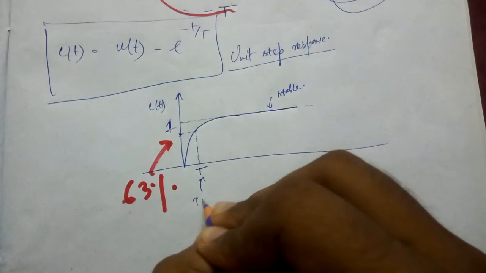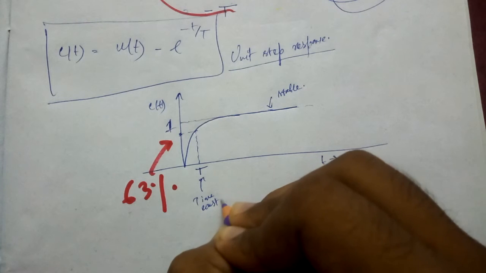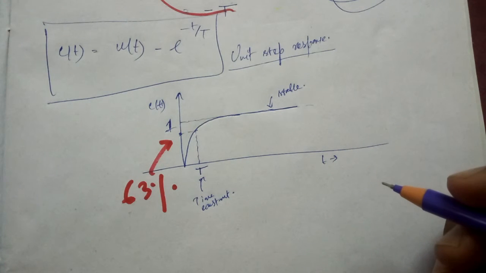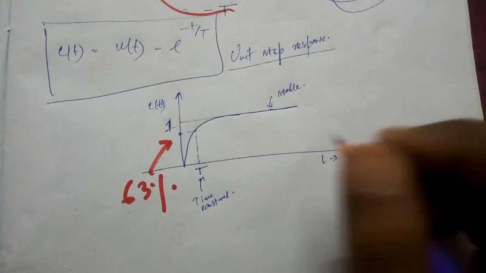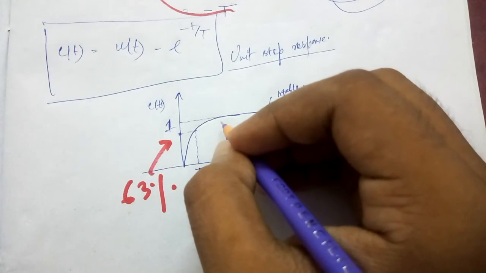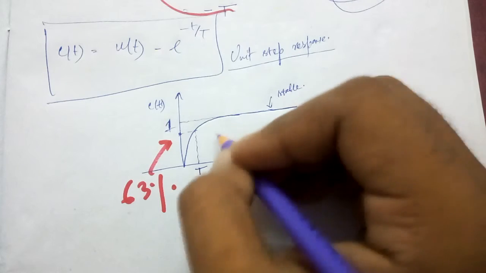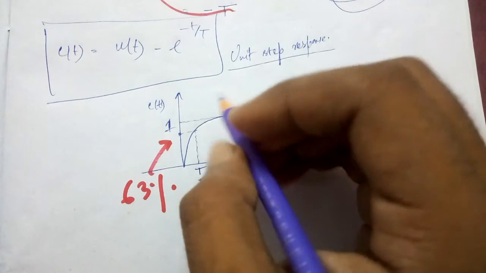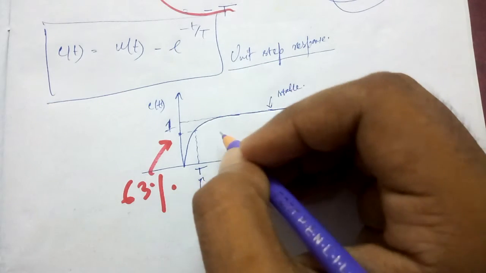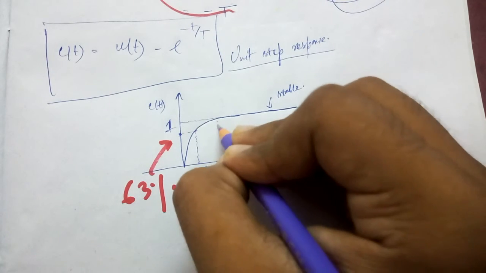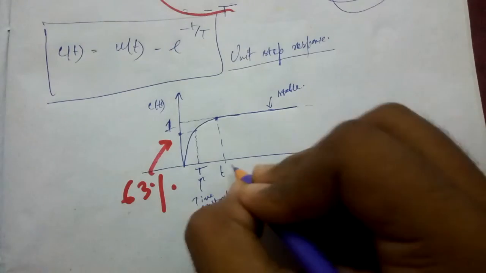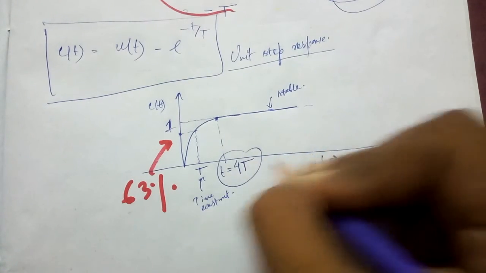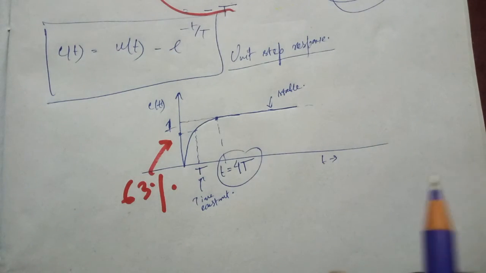That time is called the time constant value. Now generally in case of unit step response, c(t) will be 98% at t equal to 4T. You always have to remember this. This often comes in MCQ.